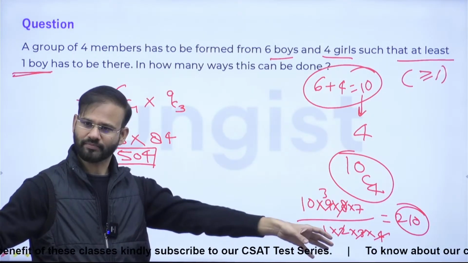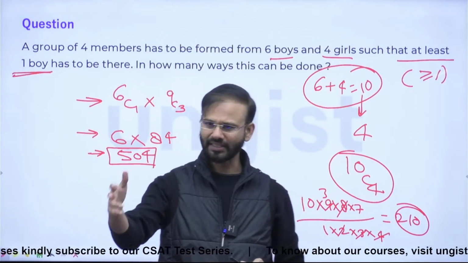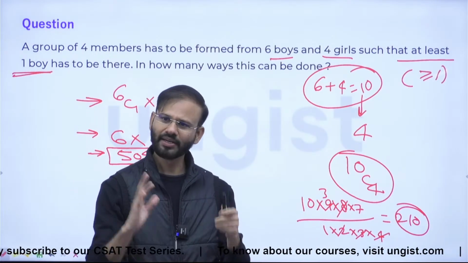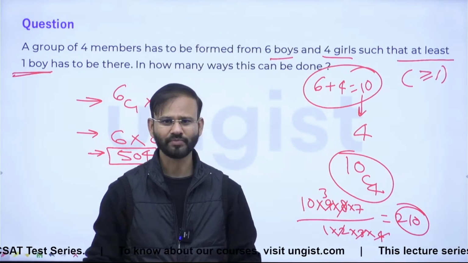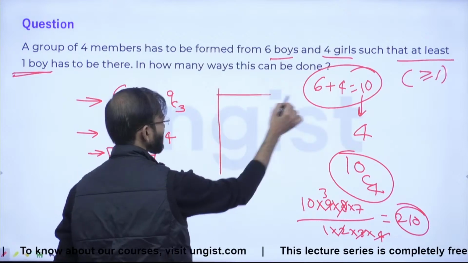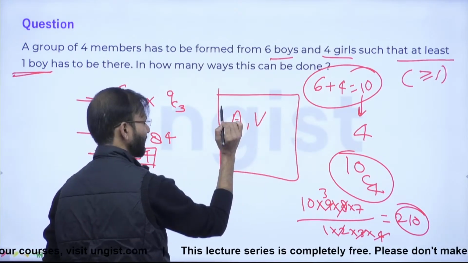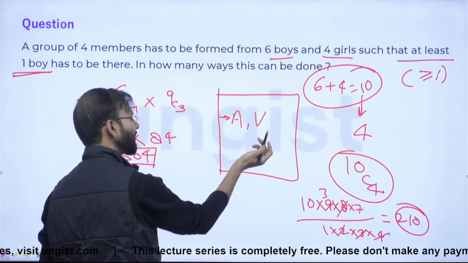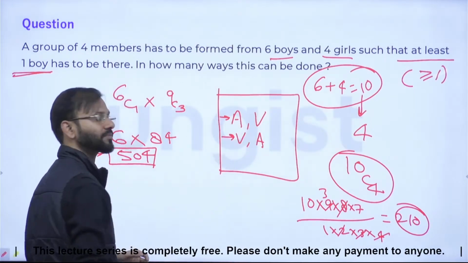Committees will be fixed. For example, I told you one example yesterday when Mr. Aditya and Vimi, they are representing Team Pathfinder, something like that, or Team UNGIST, something like that. Right? So guys, when they are representing Team UNGIST, let's say it is Aditya and Vimi. So when you say Aditya and Vimi, it is one team, or when you say Vimi and Aditya, it is not another team, guys.